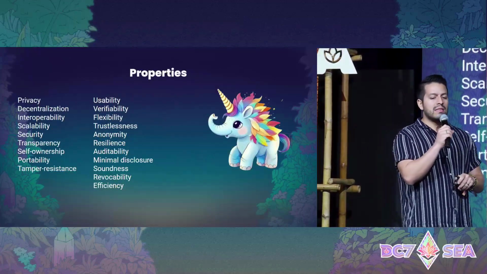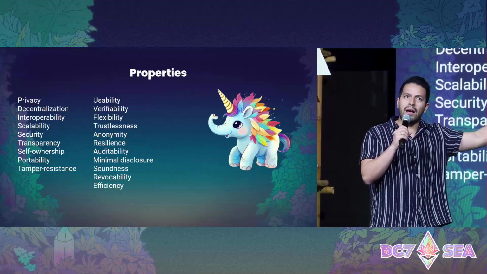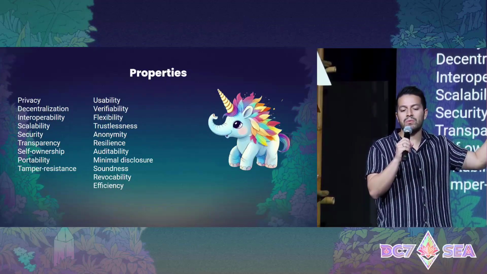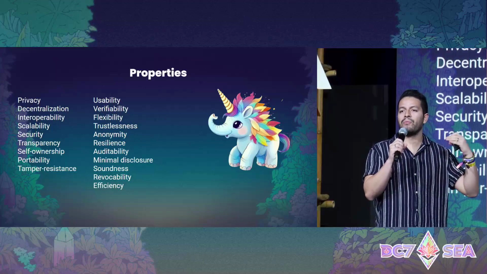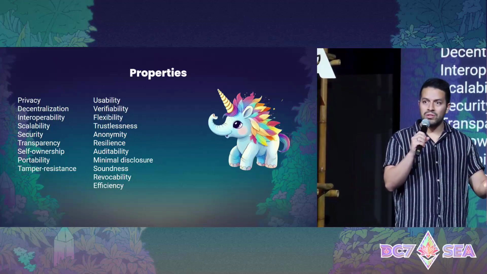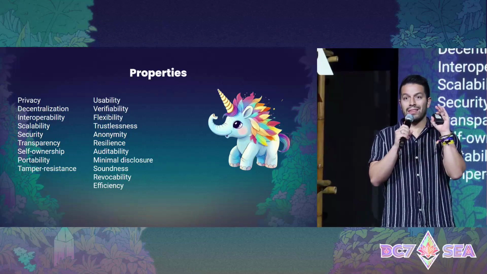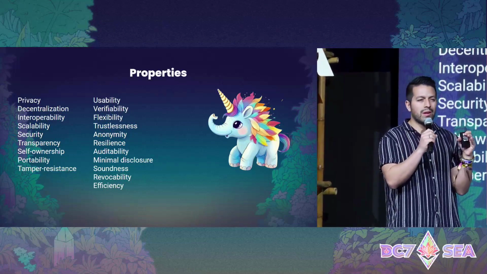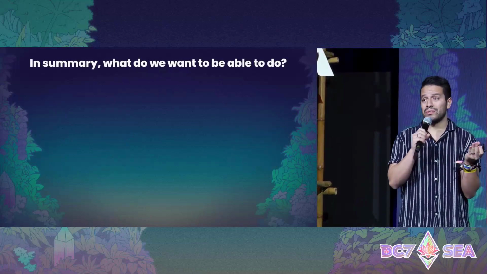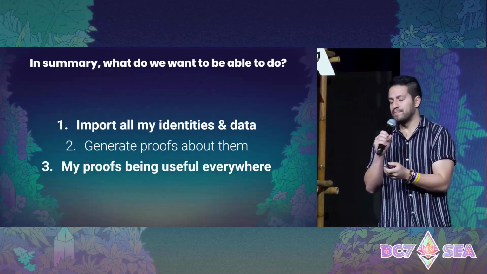I'll say these are the properties that we care about, and probably we can grow the list even more, and we can even make security assumption models to understand in which sense we want to achieve these properties. We want flexibility, verifiability, privacy, decentralization, self-ownership, transferability, etc. But if I were to sum it up, the core properties we really want to achieve are basically three actions that we should pursue and target with programmable cryptography in this identity space.